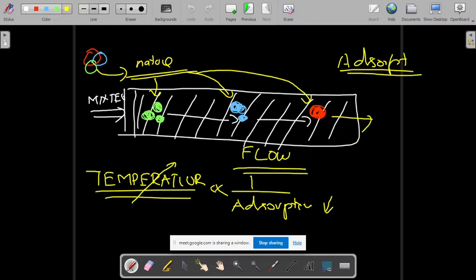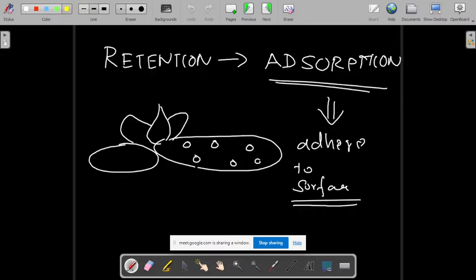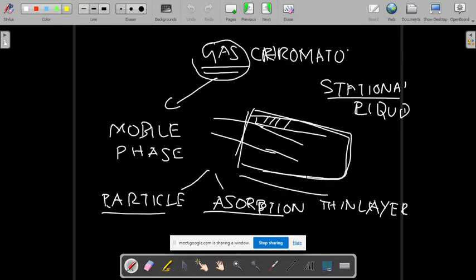As you increase the temperature, adsorption decreases. That's the reason we use temperature as a critical factor.